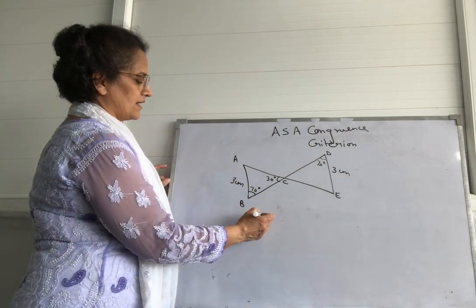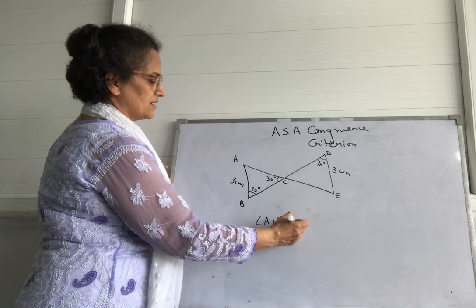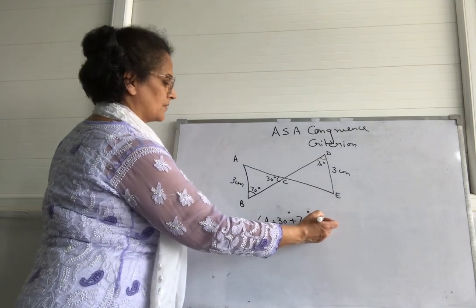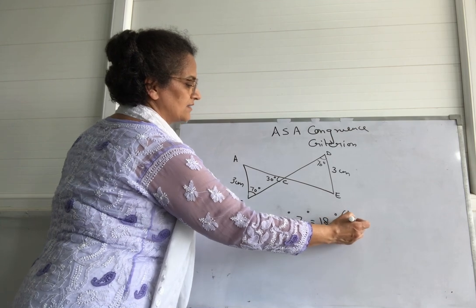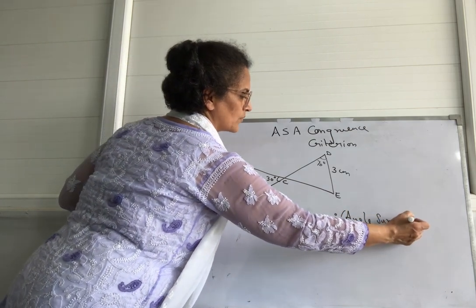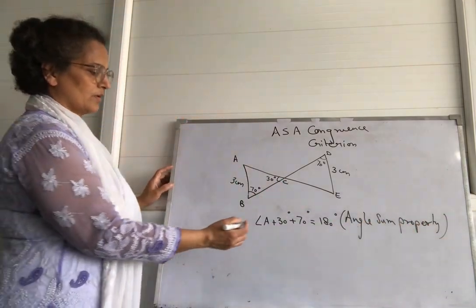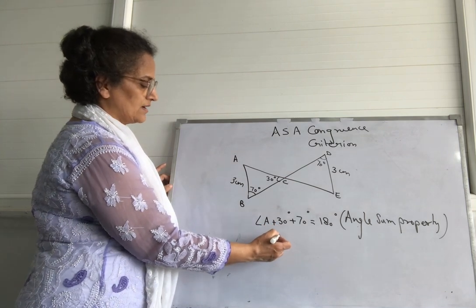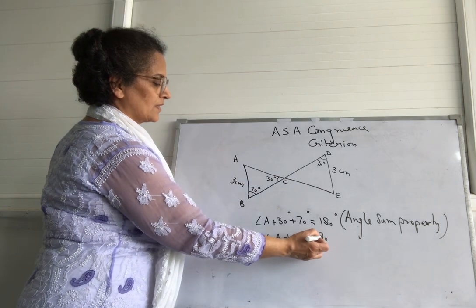So we will find this angle using the angle sum property. I can say angle A plus 30 degree plus 70 degree is equal to 180 degree using angle sum property. Now 70 plus 30 is 100. So angle A plus 100 is 180.